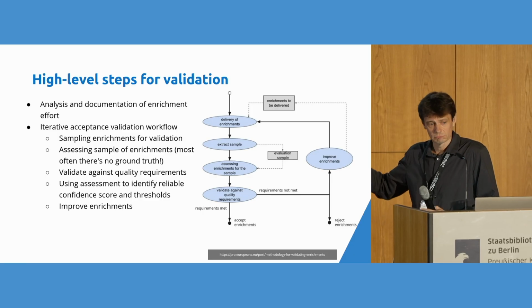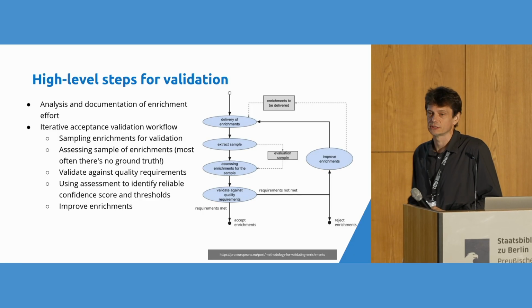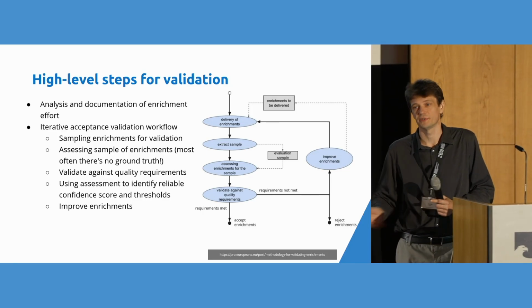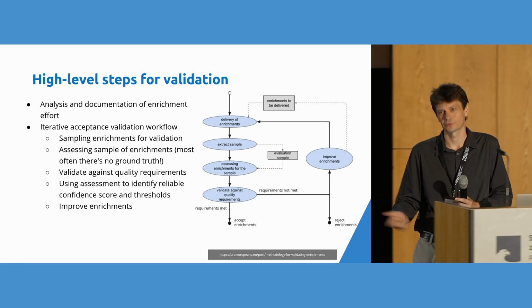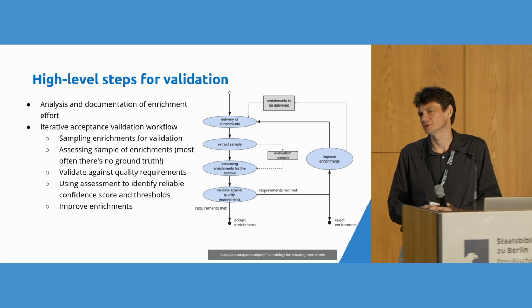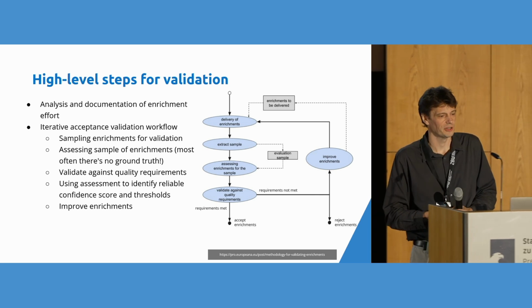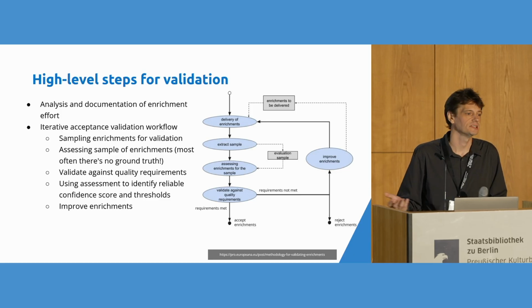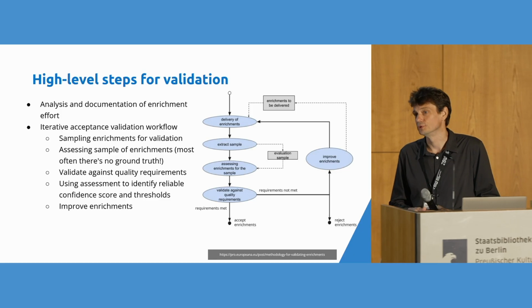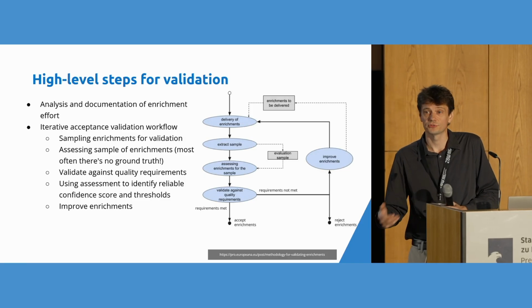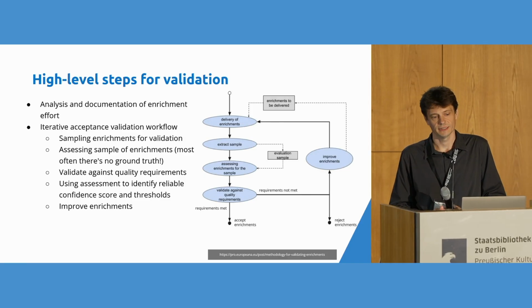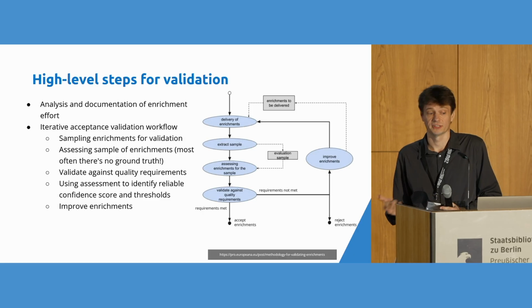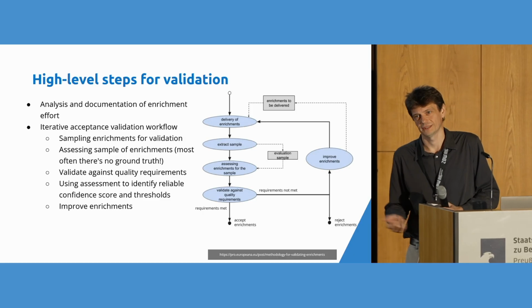And then comes the step that would be a bit more expected, which is basically to look at the result of those enrichments and try to have a reliable assessment of their quality. So things like making a sample of the data set that is being enriched, and looking at what the enrichment produces for this sample, considering the fact that very often there's no ground truth.